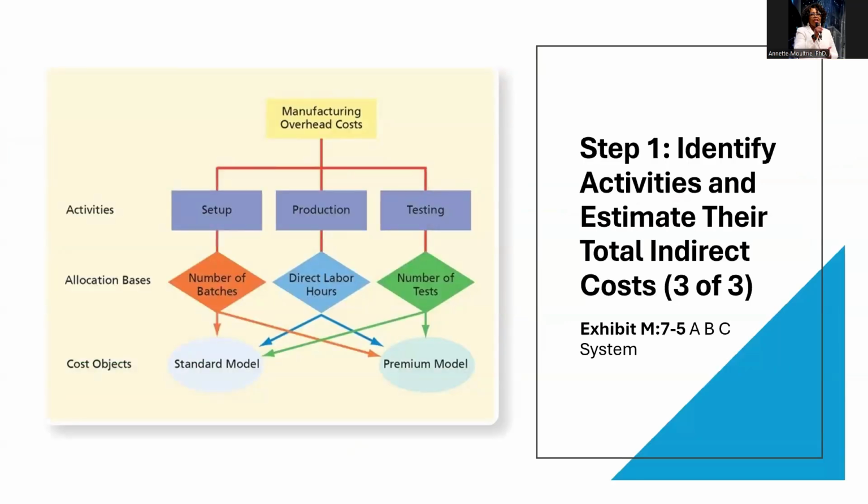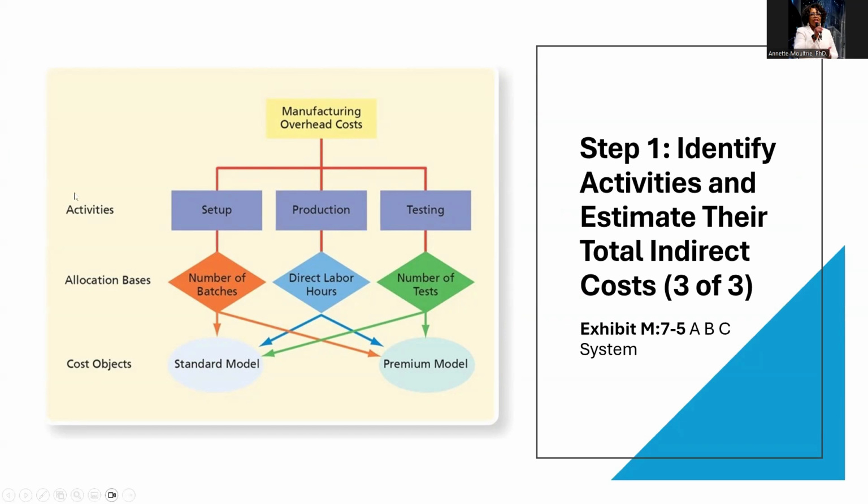Here you see in Exhibit 5, it illustrates how manufacturing overhead is allocated to the tablets at Smart Touch Learning. So you see here the ABC system. Manufacturing overhead leads to activities in the form of setup, production, and testing.